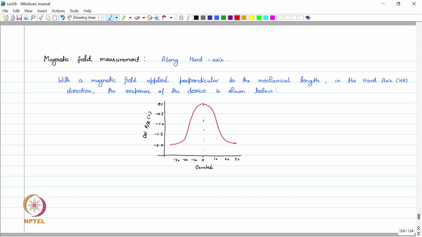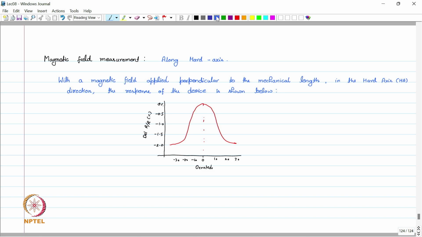This is the graph of delta R by R with applied magnetic field, when the field is changing this angle from, let's say, minus 20 to plus 20.